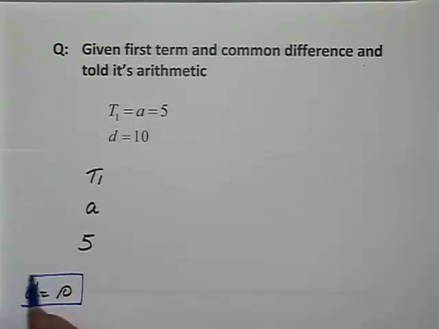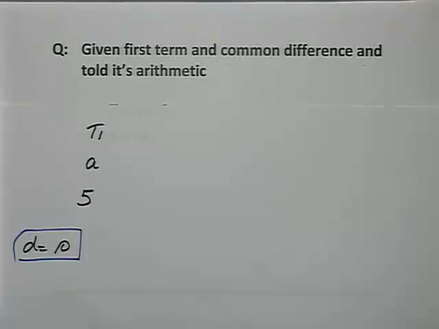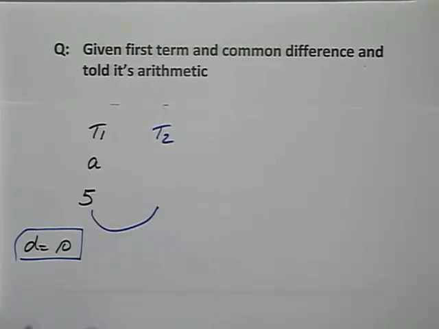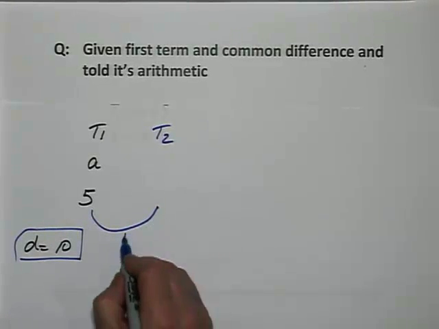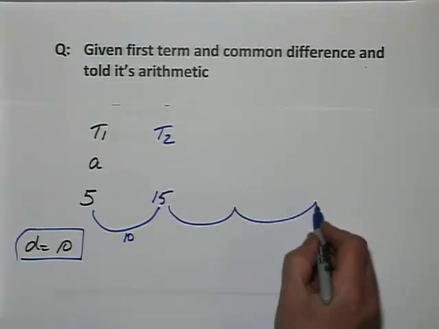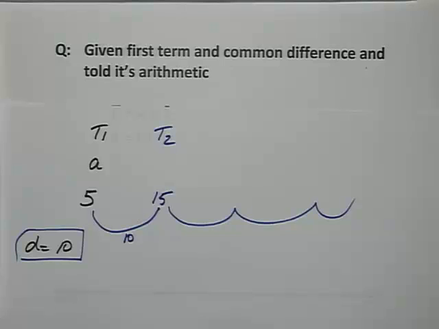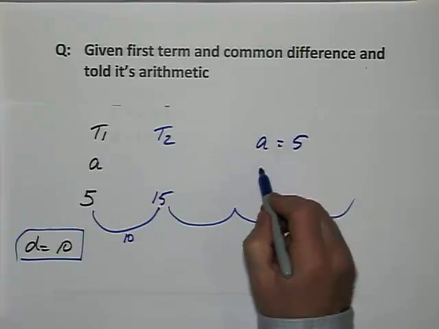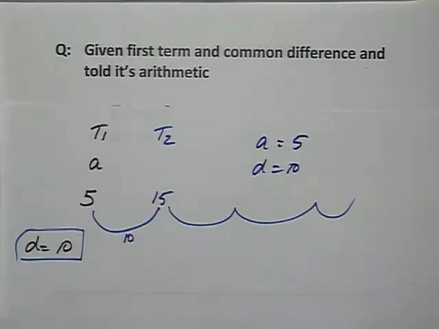If we're told that D is 10, can we get the second term, do you think? How do we get from the first term to the second term? We add in the 10, so this makes this a 15. Does it look like the same question as before? We have A, we have D, it's over.